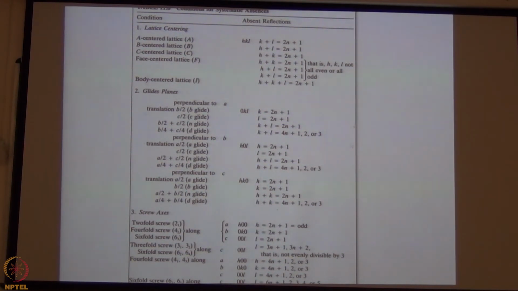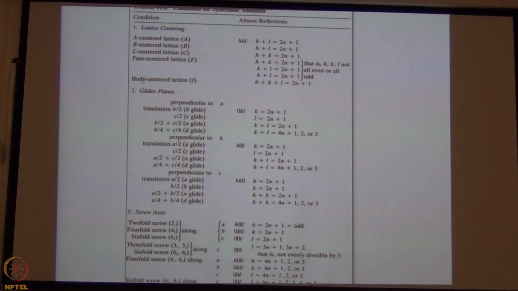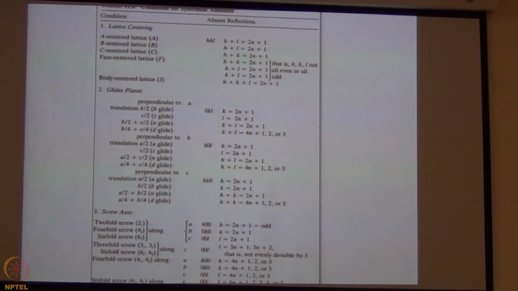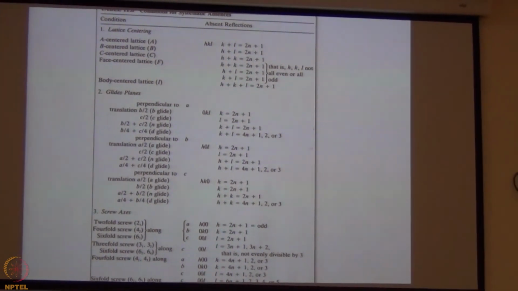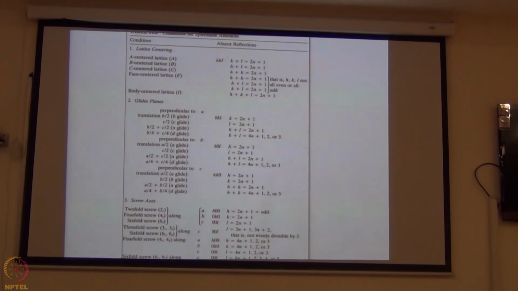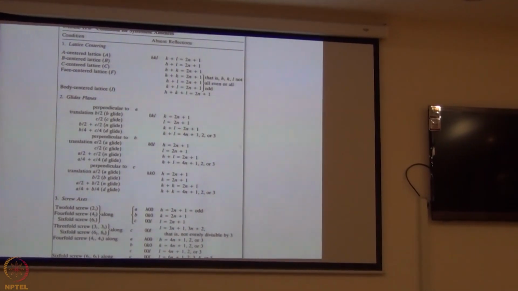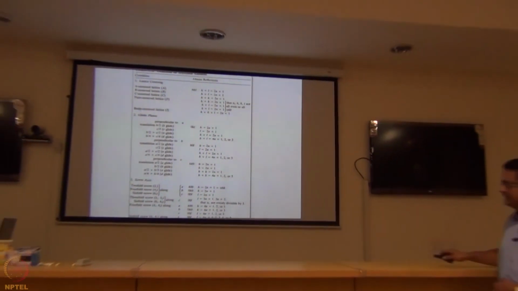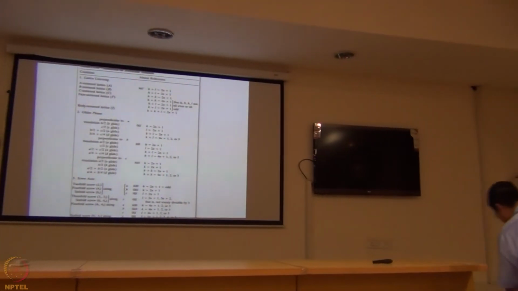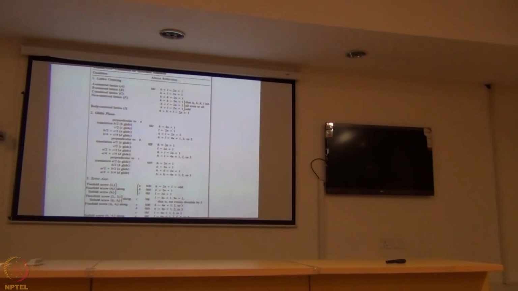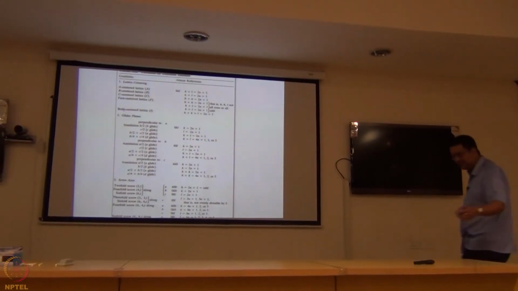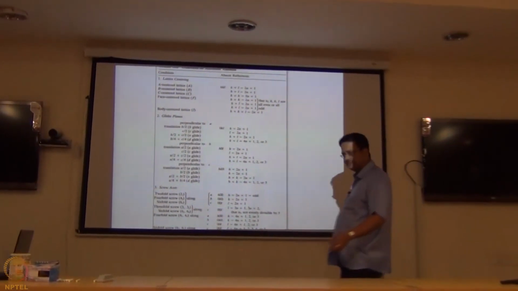These systematic absence conditions, I am again telling you, can be derived mathematically. We will do it at some point. And these systematic absence conditions are absolutely required for determination of space group. See, when we collect crystal data, we collect it based on the lattice parameters A, B and C with alpha, beta, gamma.